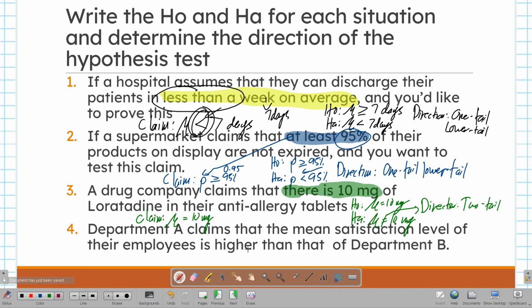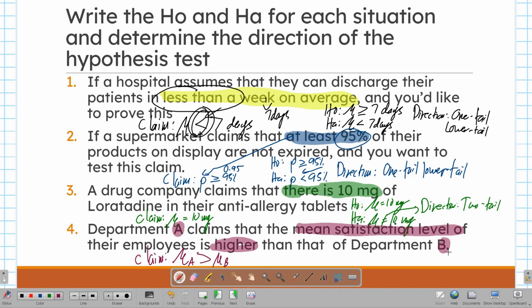In number 4, Department A claims that the mean satisfaction level of their employees in A is higher than that of Department B. The claim is that the mean satisfaction in A is higher than that of B. Since it's higher, it should be greater than.